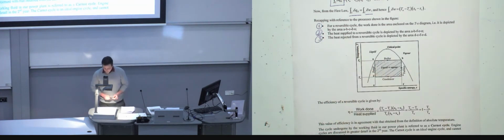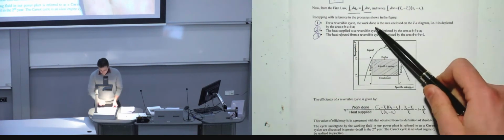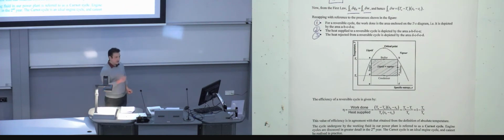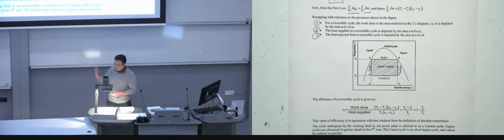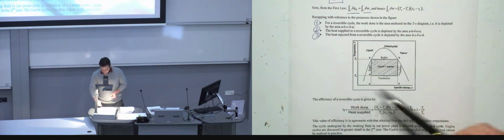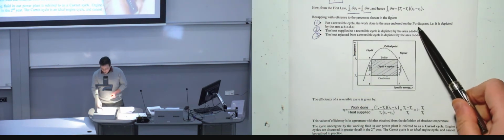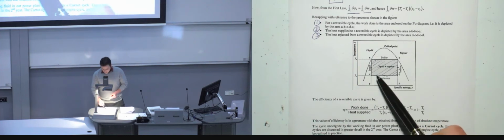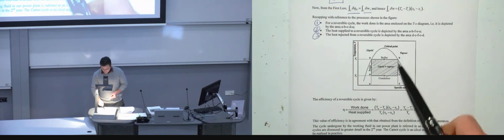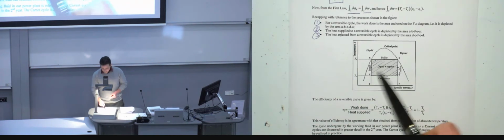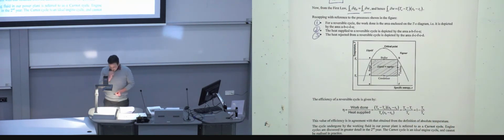A reversible cycle, the work done, remember the work done is the one that you're interested in, is the one that you get out of the heat engine, it's the one that comes out of the turbine, and it's the one that will generate electricity for you. That is the area enclosed in the T-S diagram by this area, A, B, C, D, A. So the area which I've shaded, that is the work done.